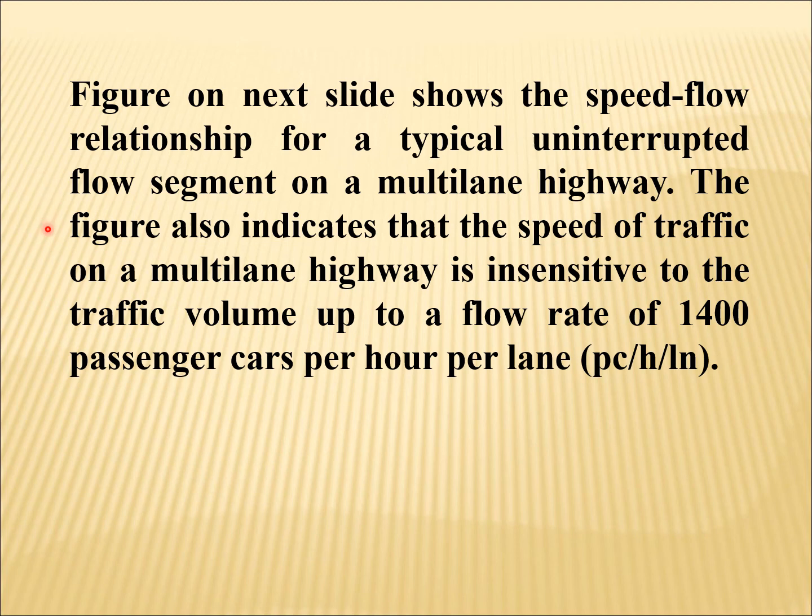The figure also indicates that the speed of traffic on a multi-lane highway is insensitive to traffic volume up to a flow rate of about 1400 passenger cars per hour per lane. PC per hour per lane means passenger car per hour per lane. So this point is very, very important, and you can see this on that figure that is present on the next slide.